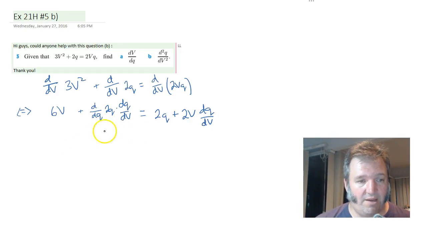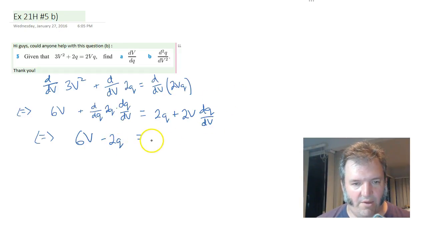Let's keep them together and get everything else on the other side. So I'm going to leave the 6v here, this 2q, I'm going to subtract 2q from each side, and on this other side I'm going to have my dq dv's. Already over here is 2v times that, so I'm going to keep the 2v.